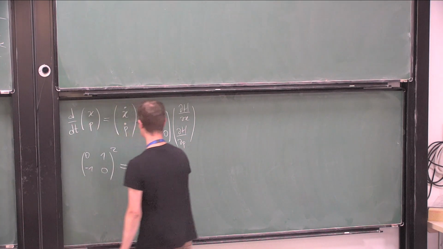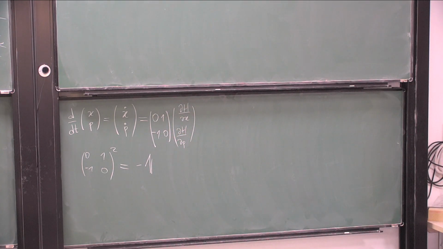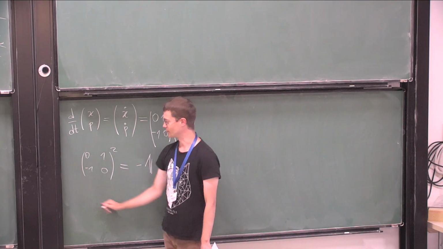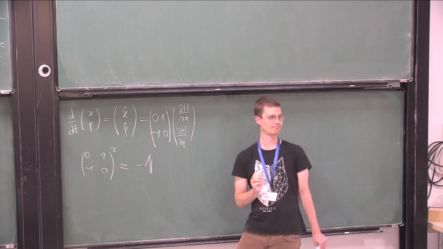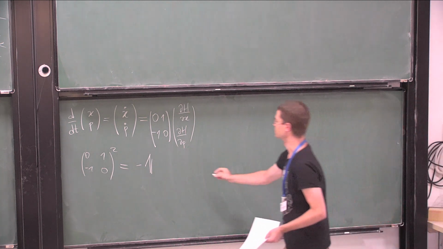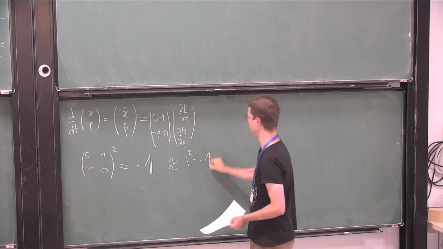Yeah, it's minus the identity. And this relation resembles something familiar. Mathematicians know it very well, but everybody knows it very well: something squared equals minus 1. It's like a complex number, similar to i squared equals minus 1.